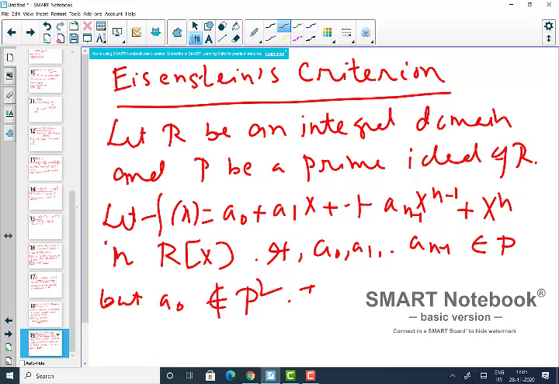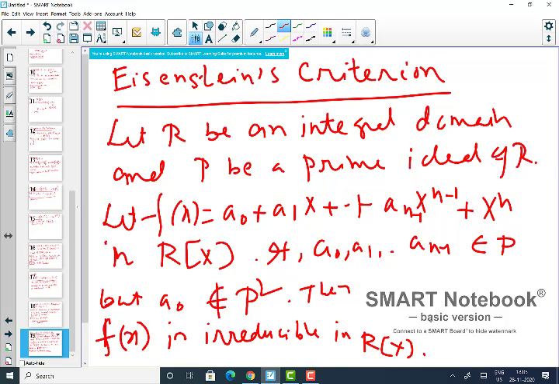Then this f(x) is irreducible in R[x]. So you understood: if you find a polynomial such that all the coefficients are inside that prime ideal, but the constant term is not inside the square of the prime ideal, then it is irreducible.